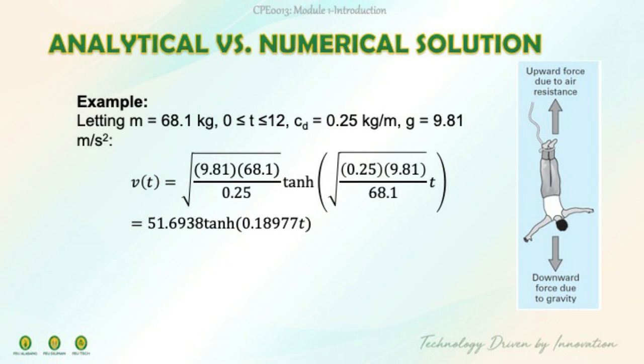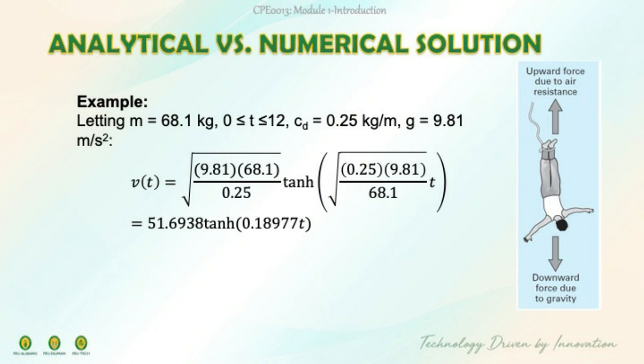Inserting all the parameters into the equation, v of t is equal to square root of quantity 9.81 multiplied by 68.1 all over 0.25, hyperbolic tangent of square root of 0.25 multiplied by 9.81 over 68.1, multiplied by t.